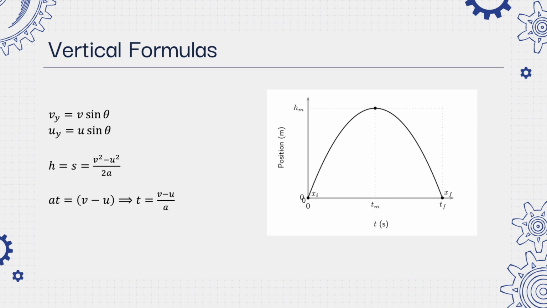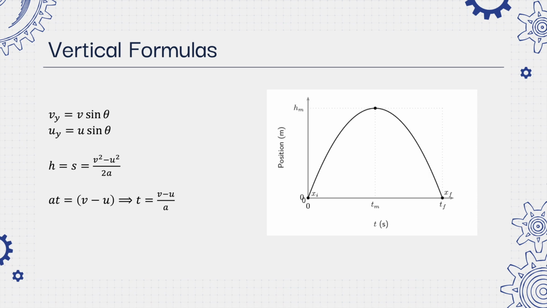There are two main formulas that are the same as the formulas for kinematics, but here we're going to use them for the vertical component of the projectile motion. For example, the first one, the displacement equals, and all of these velocities are the vertical component, of course, Vy squared minus Uy squared divided by 2a.